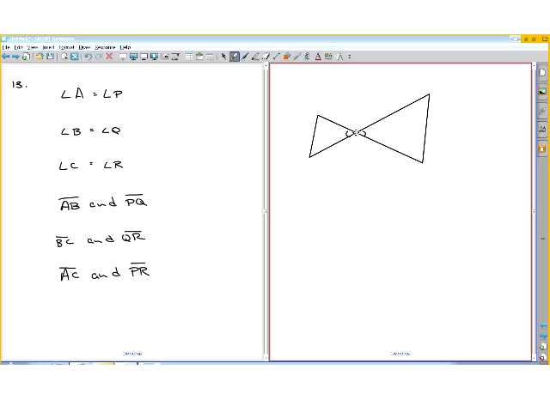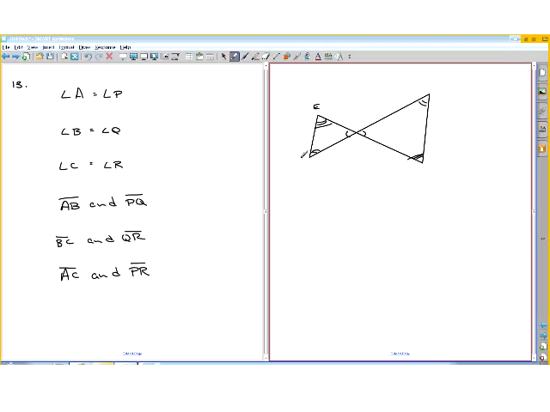And these kind of switch sides if you think about it. So this angle here actually corresponds to this angle over here. You can tell by if you drew parallel lines and transversals, you'd see that those are the same. And likewise, this angle corresponds to this angle.